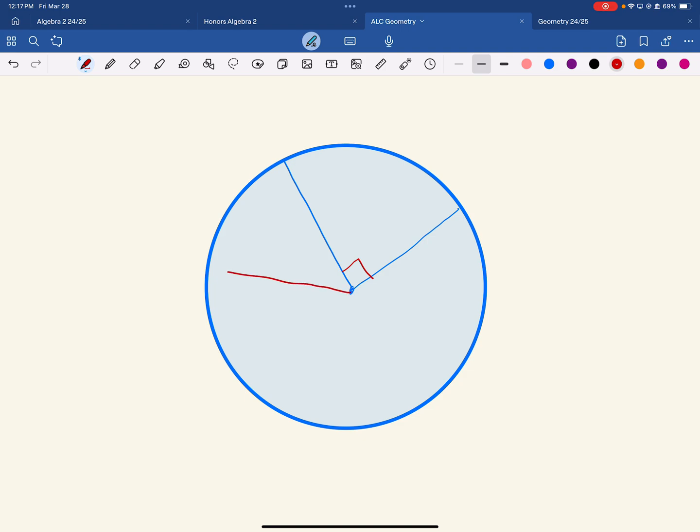I'm going to put this right here, and I'm going to say that this is 40 degrees. I'm going to put another line down here. I'm going to say that this is 85 degrees. And I'm going to put that this is 20x minus 5 degrees.